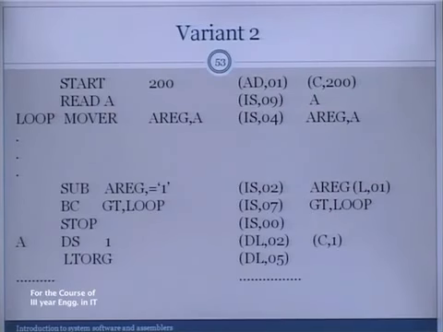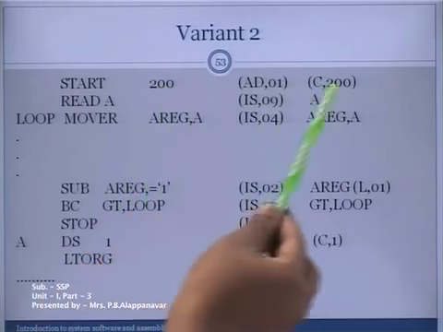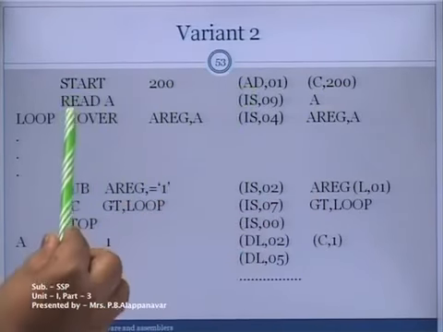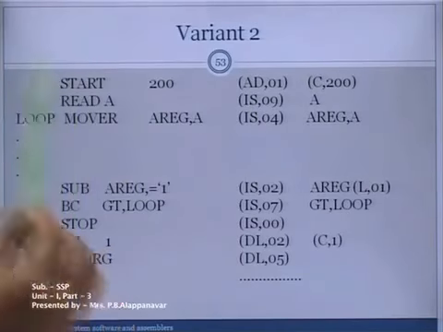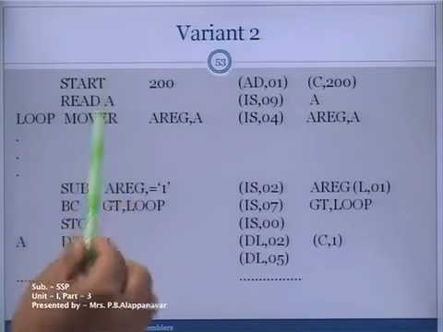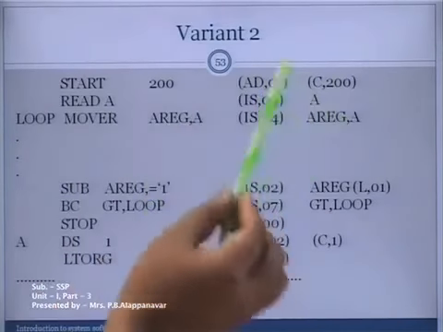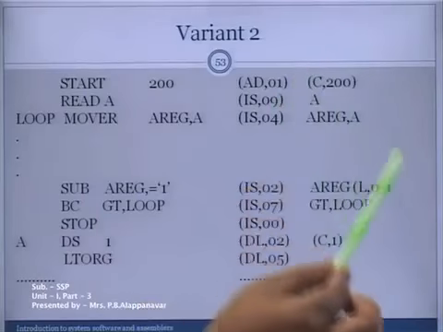So if you look at this particular example, the first statement is similar to variant 1 because it happens to be an assembler directive, but the second statement, which happens to be an imperative statement, we have written the symbol A as it is. Similarly for move on. So partial processing is done.